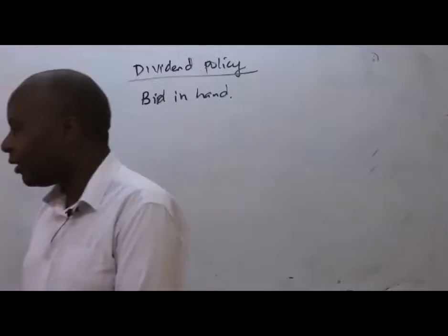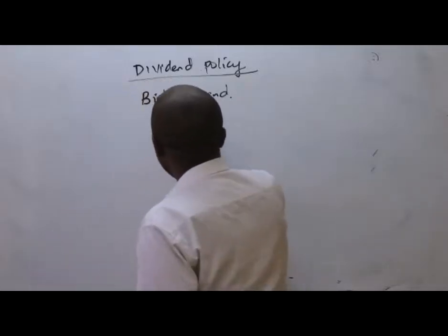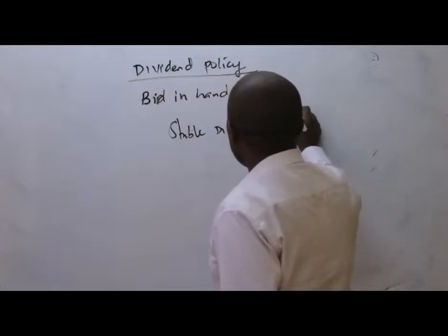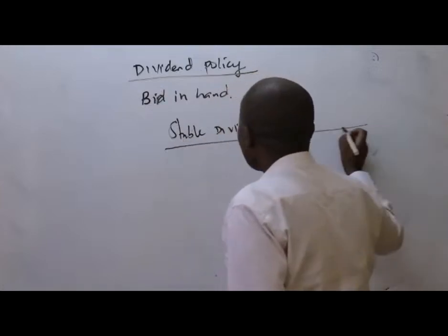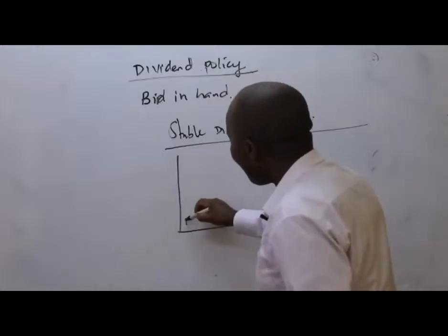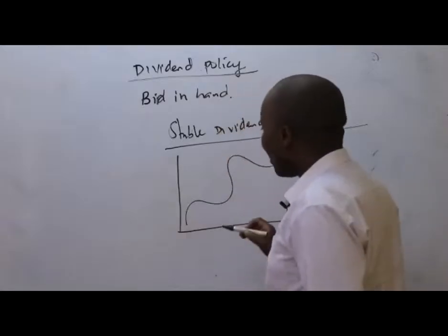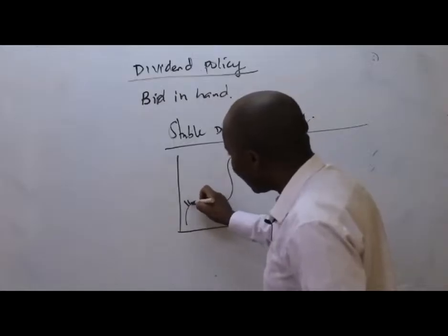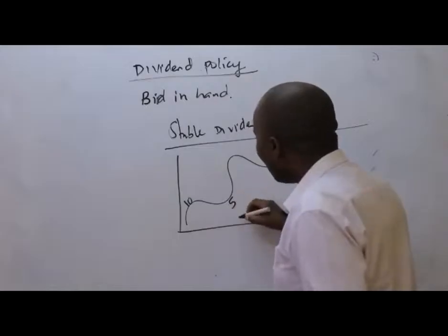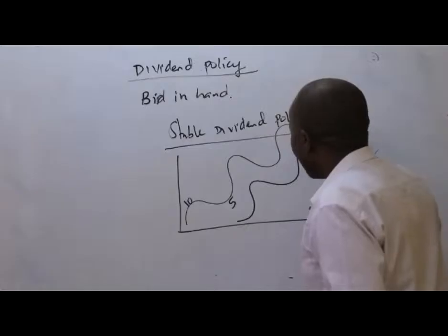Ladies and gentlemen, a stable dividends policy will always have this kind of situation, where if our profit after tax fluctuates like that, for example, 10 million here and 5 million here, then automatically our stable dividends will always move like that.